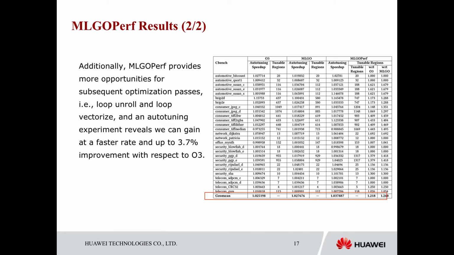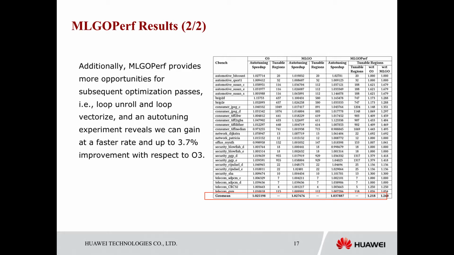The other, I guess more important, thing that we wanted to focus on here is, as I mentioned in the earlier slides, inlining optimization can provide a wider scope of interprocedural optimizations for the subsequent passes in O3. We had a small experiment in which we tried to auto-tune two passes subsequent to inlining, loop unroll and loop vectorize, with 5 or 6 parameters.